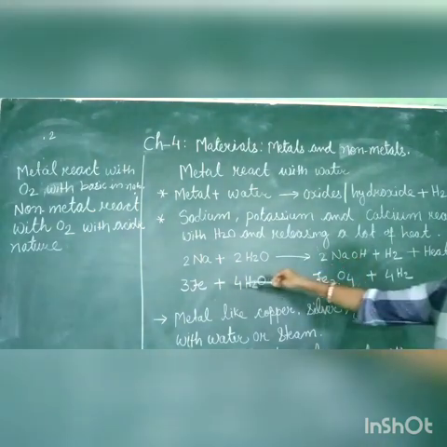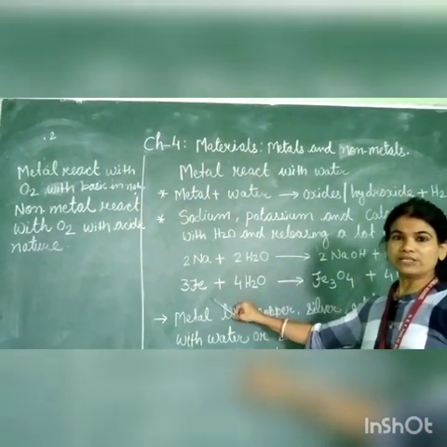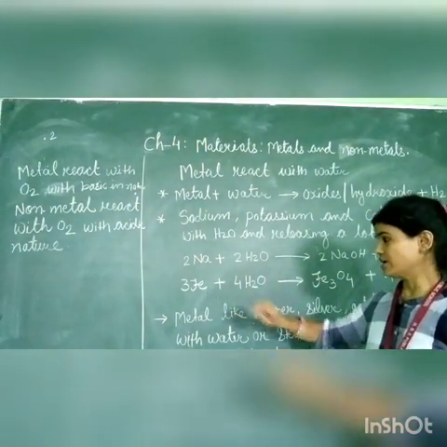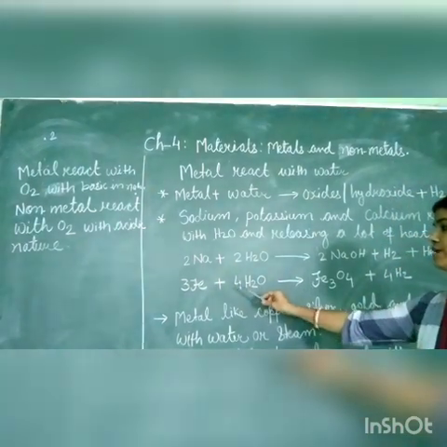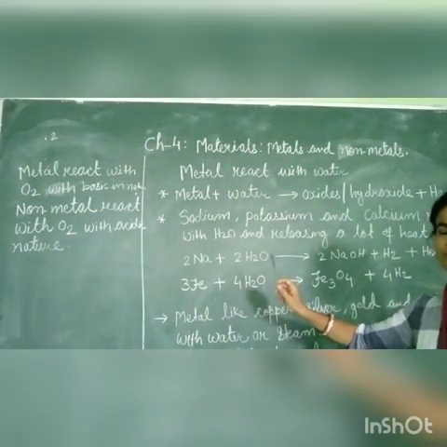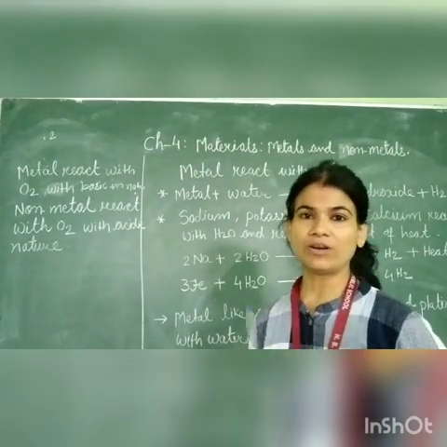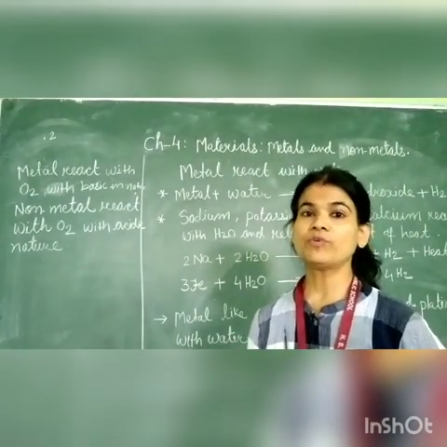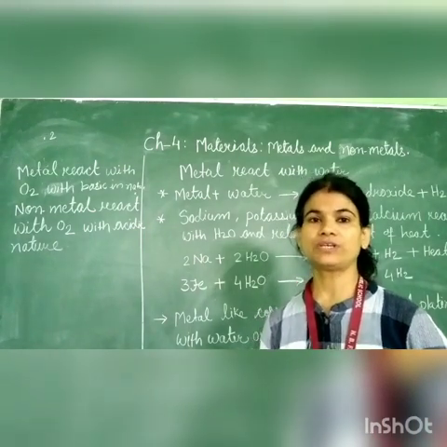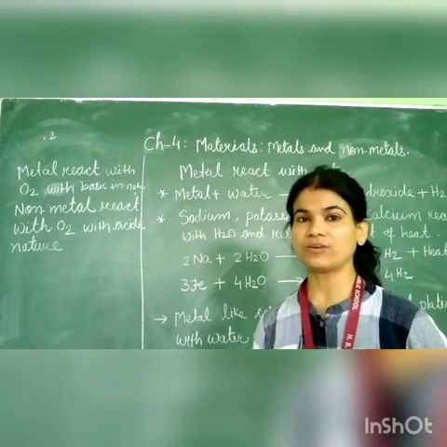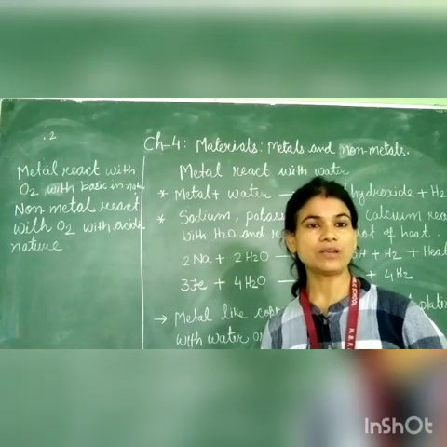Then here I have taken another metal, iron. When iron is exposed to water, by its nature it does not react with water alone. It will react with moist air also. Moist air means air which contains water.